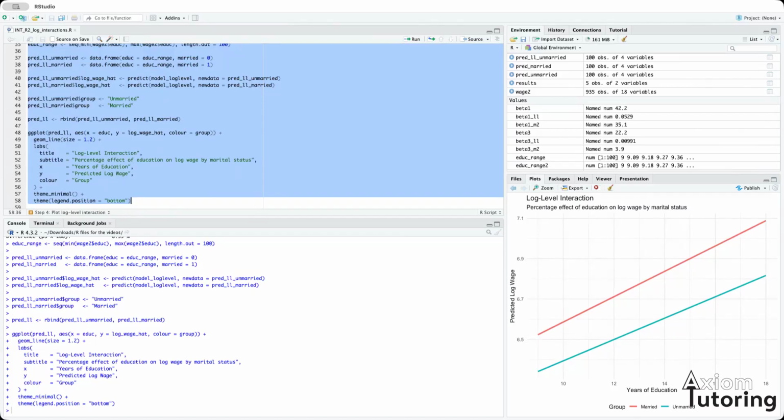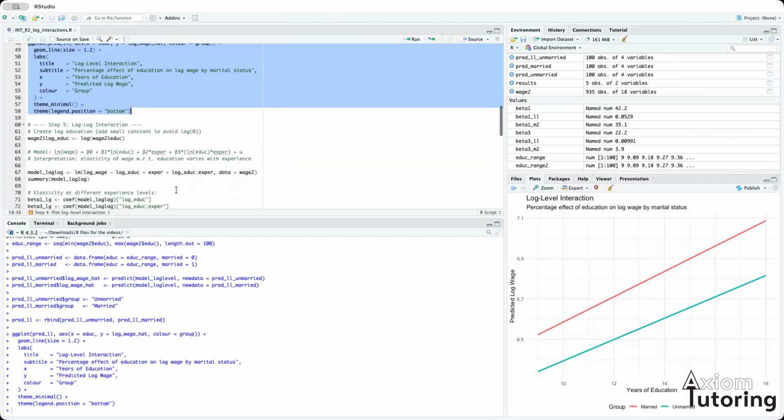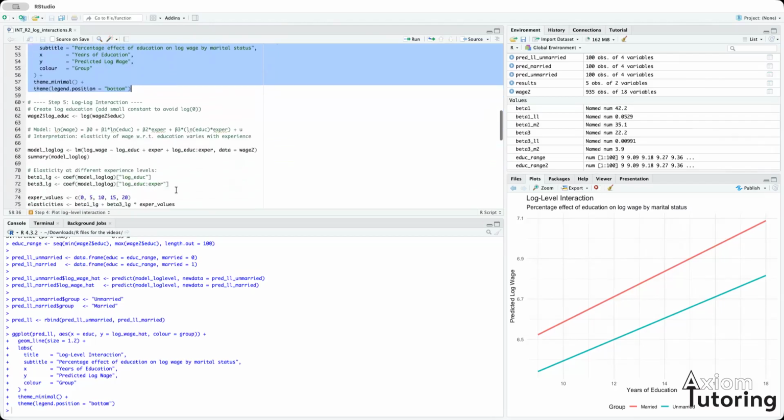Okay? Let's go one step further and see how exactly this visualization would change the moment that we have a continuous interaction, which means that we will have to plug in values for experience now.